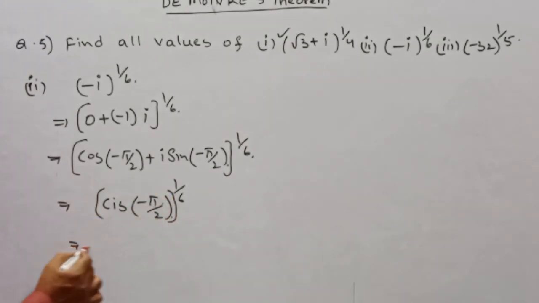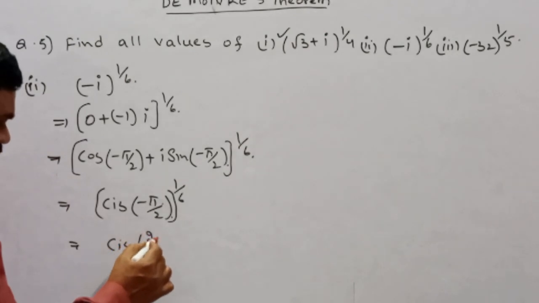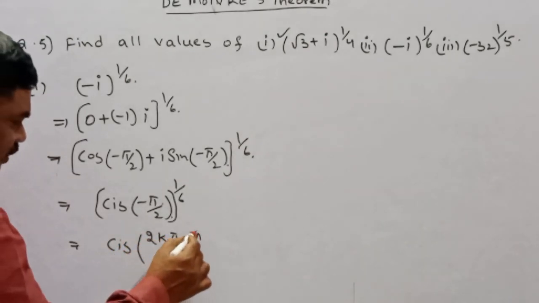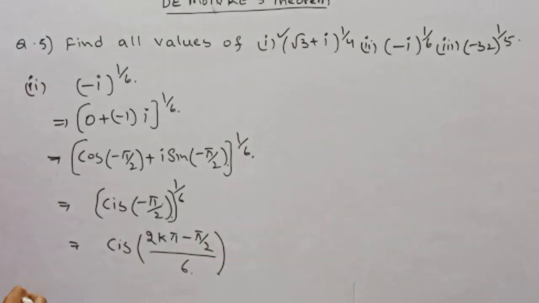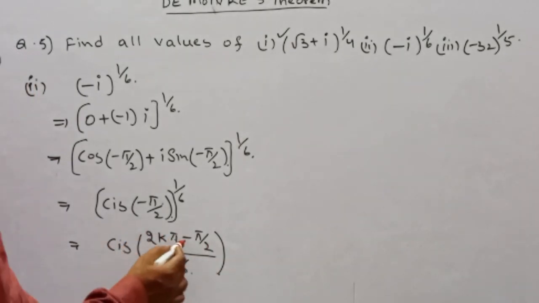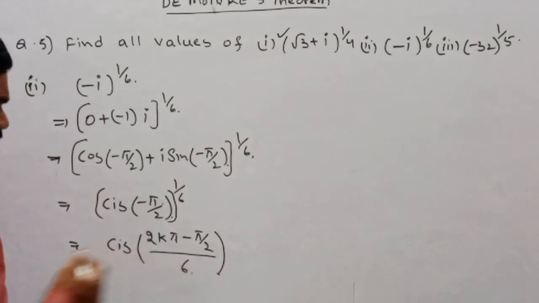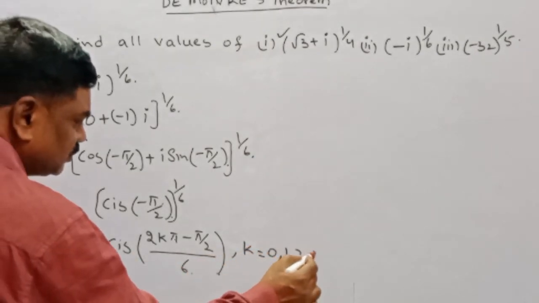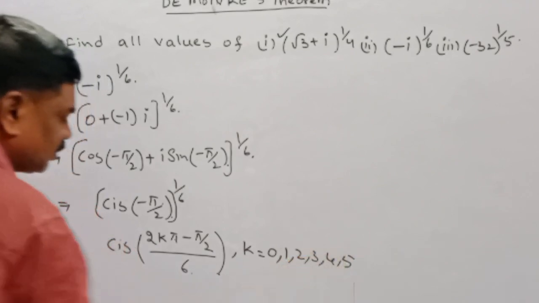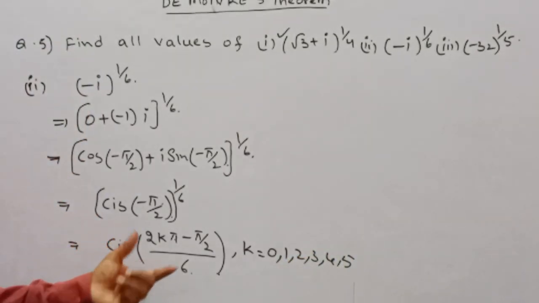So this is cis of ((2kπ − π/2)/6), where k equals 0, 1, 2, 3, 4, 5. There are 6 values.